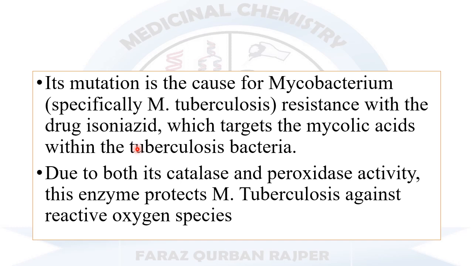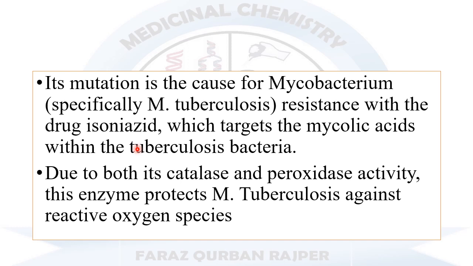In some of the mycobacterial species mutation occurs, and due to the mutation, resistance can occur to those drugs which act on this type of cell wall. Due to both its catalase and peroxidase activity, the KatG enzyme protects Mycobacterium tuberculosis against reactive species.